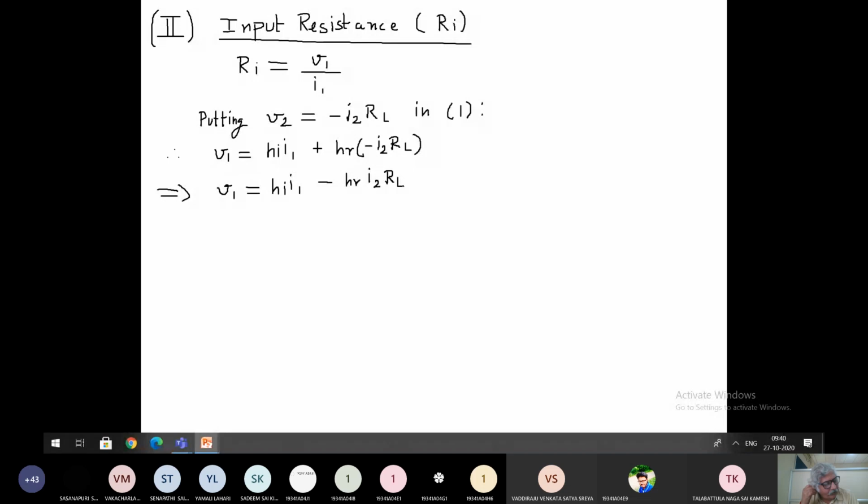Now what we have to do? We have to find Ri, right? And Ri is V1 by I1, right? So see the left hand side. Here we are having V1, right?